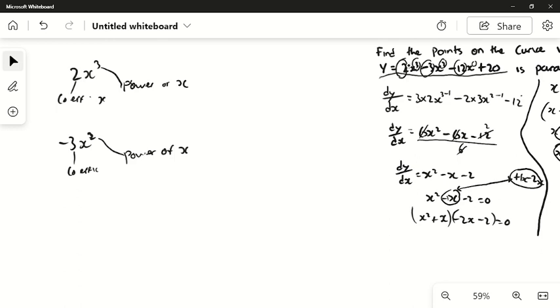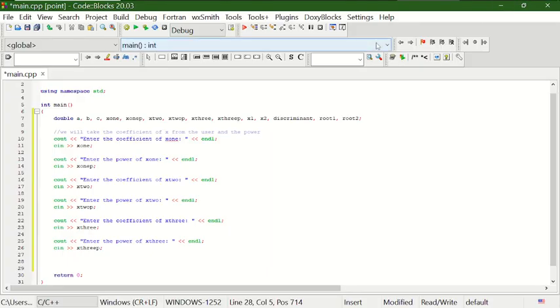So since we got that, for us to get this now, we need to multiply the coefficient and the power. So we're going to do that right away. We want to store the answers of the multiplication. Let's say we want to store it in ABC because we're going to use ABC for the quadratic equation, right?